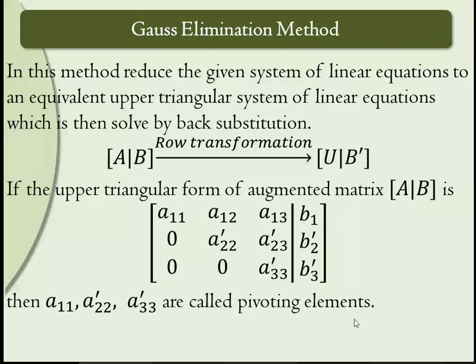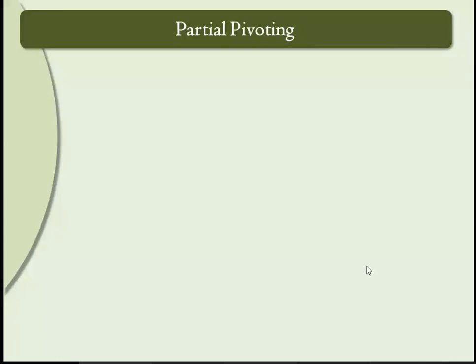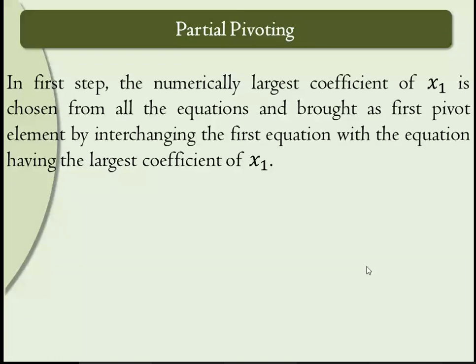Now there is one method similar to this, making use of this method only. We can do some more simplification, and that is done by using partial pivoting. Now what is this partial pivoting method? It is the Gauss elimination method only, but in this we first have to do some steps. What are those steps?